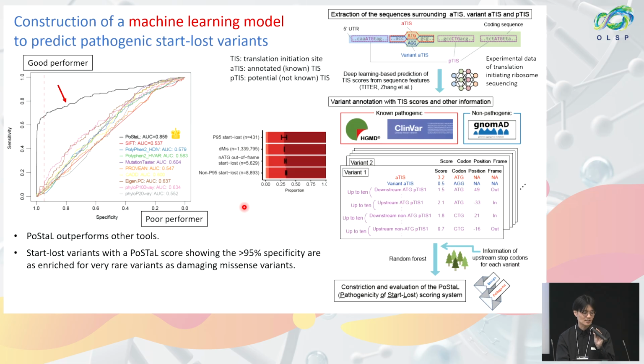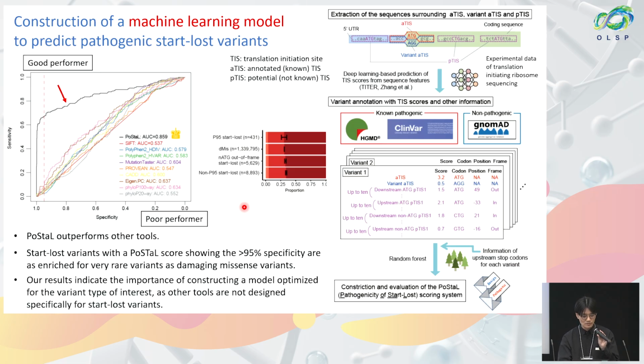But actually, there is some trick. So these other tools are not specifically designed to predict the pathogenicity of start loss variants. So our results indicate the importance of constructing a model optimized for the variant types of interest, or in our case, start loss variants.